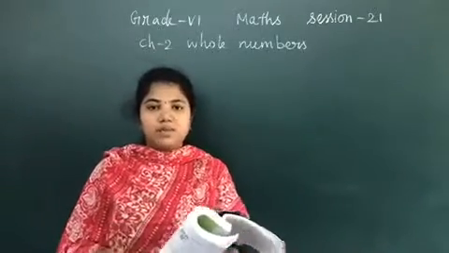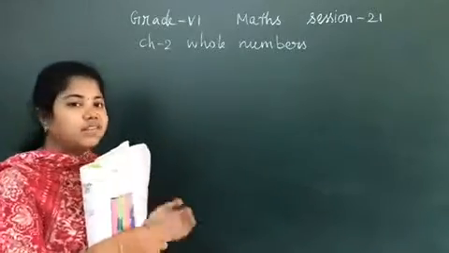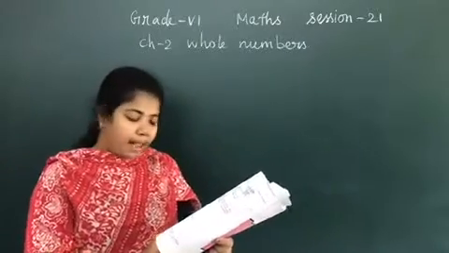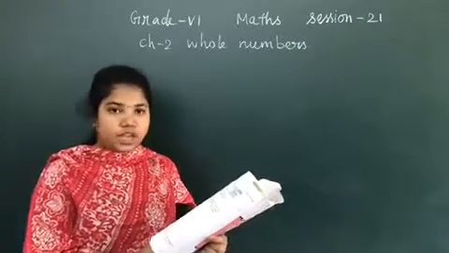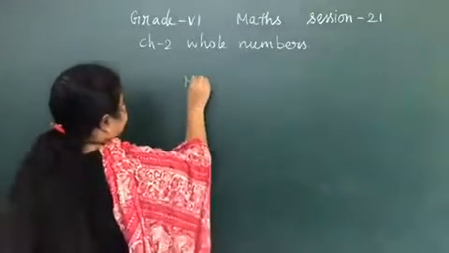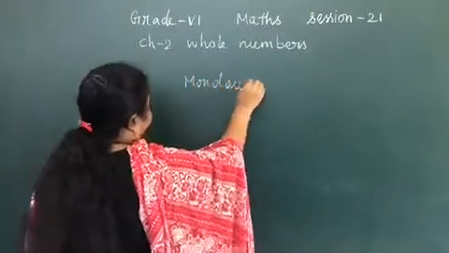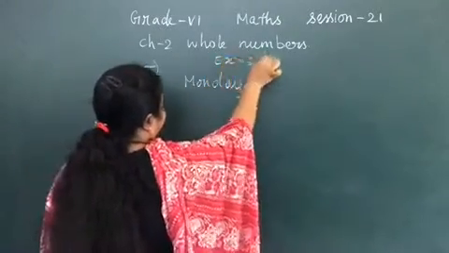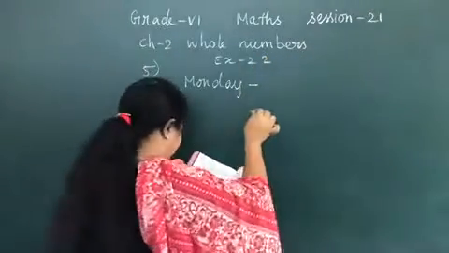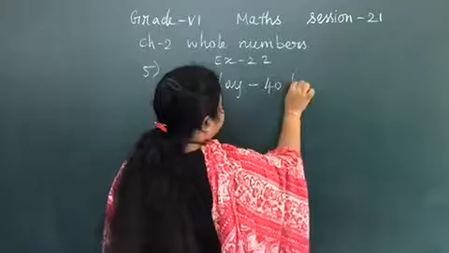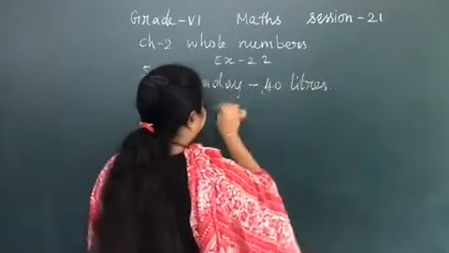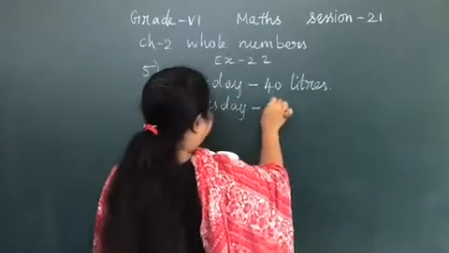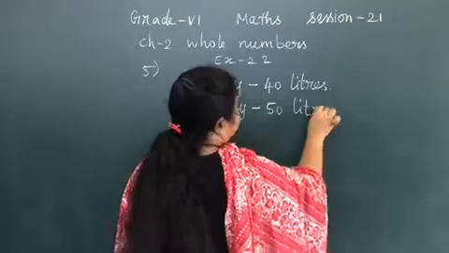So it is clear that a taxi driver is filling his taxi with petrol for 2 days. What are the 2 days? Monday and the next day, Tuesday. On Monday he is filling 40 liters of petrol, and the next day, Tuesday, he fills 50 liters of petrol.